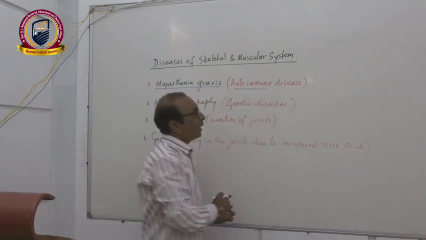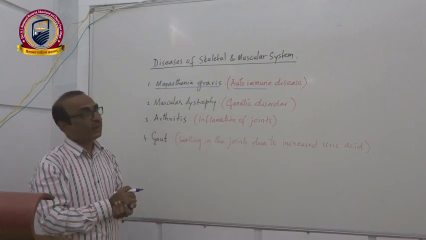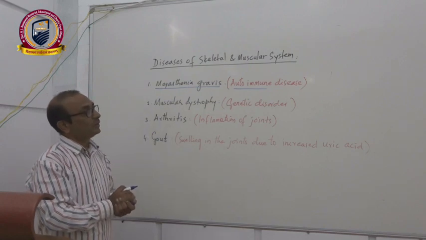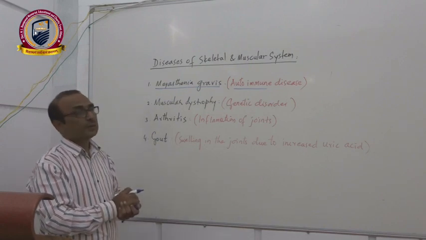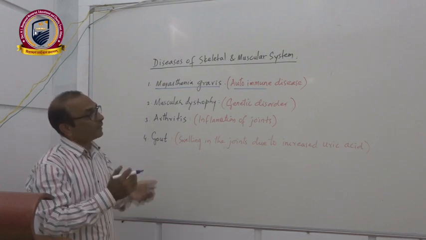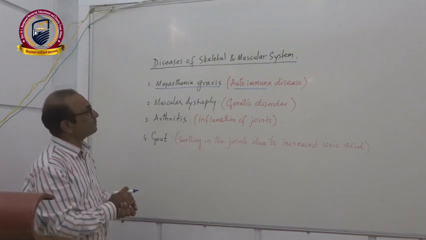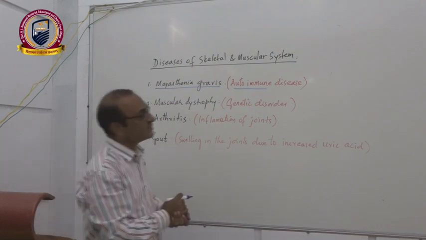Autoimmune means our own immune system is attacking our own body cells and destroying them, and this leads to the slow degeneration of the muscle, and ultimately it leads to complete paralysis. Okay, so this is an autoimmune disease.